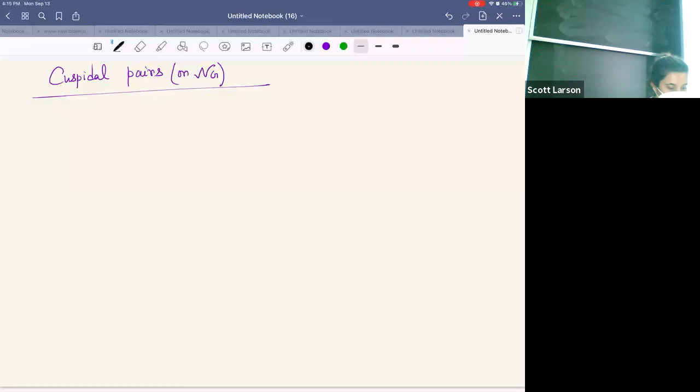Here I will talk about cuspidal pairs, which are very important pairs that we will deal with. Before that, I'm using a notation from now on just to write it easily.